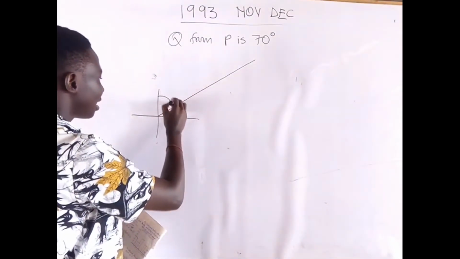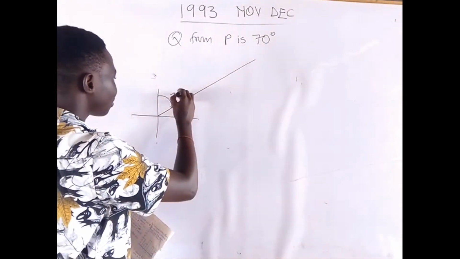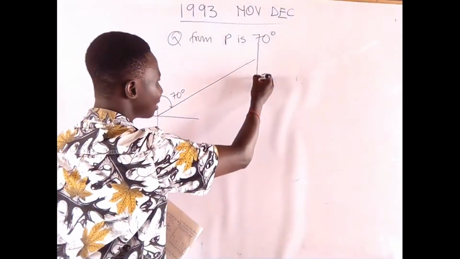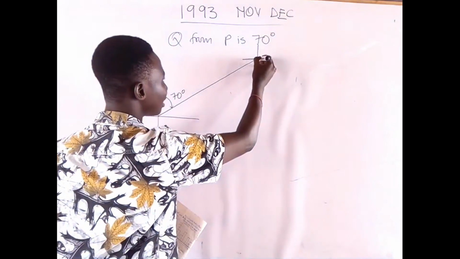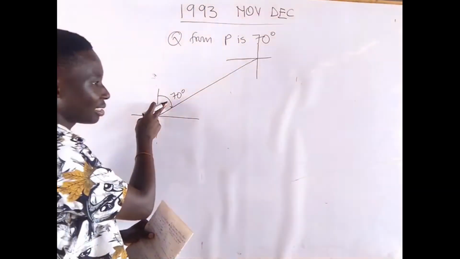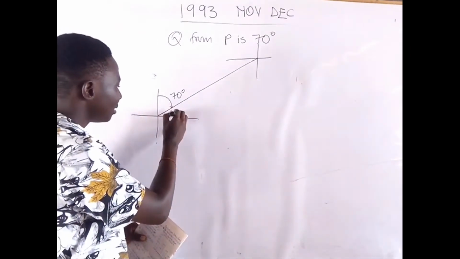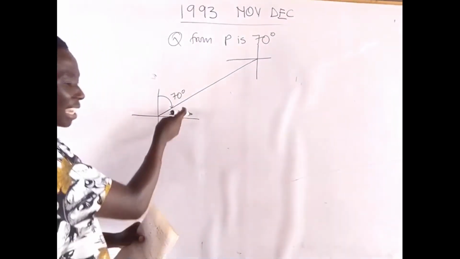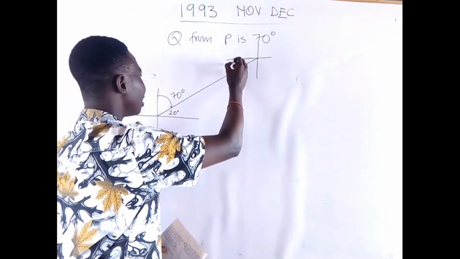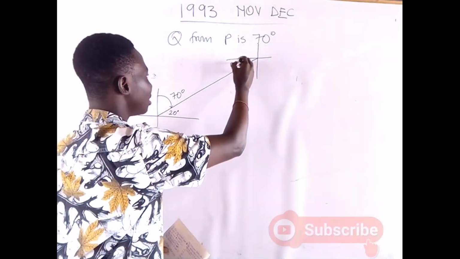So here is 70 degrees. So this side will be something like this. So if here is 70 degrees, here will be 20 degrees. And if here is 20 degrees, automatically this side will be 20 degrees.